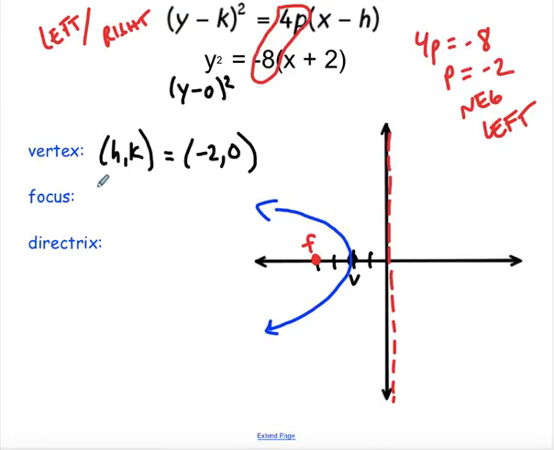So the focus is at -4, 0, and the directrix is a vertical line, so it's x equals, and it's on the y-axis, so x equals 0.